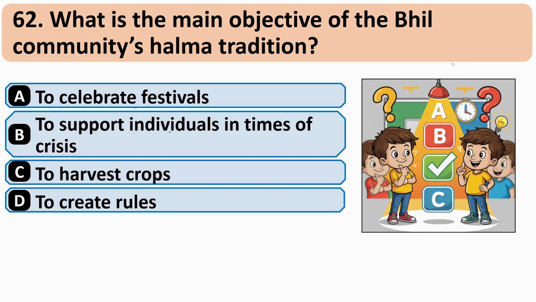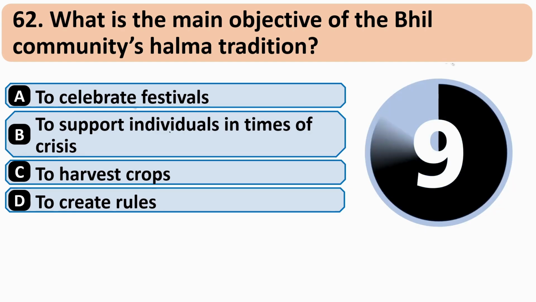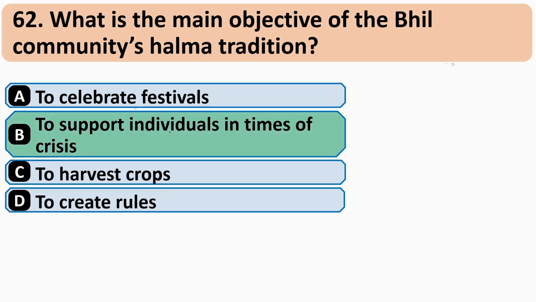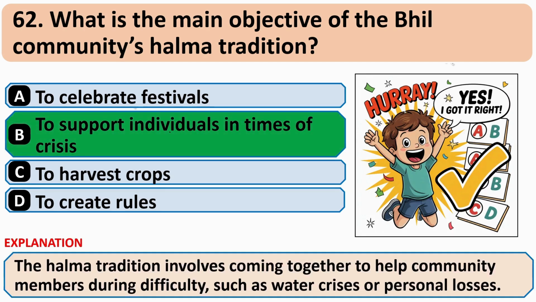What is the main objective of the Bhil community's Halma tradition? And correct answer is B, to support individuals in time of crisis.